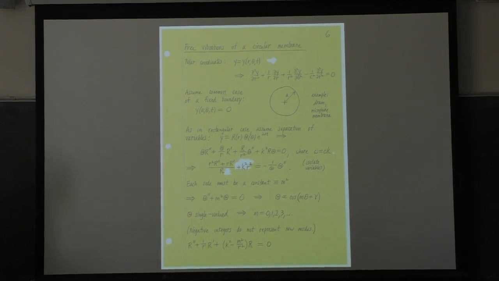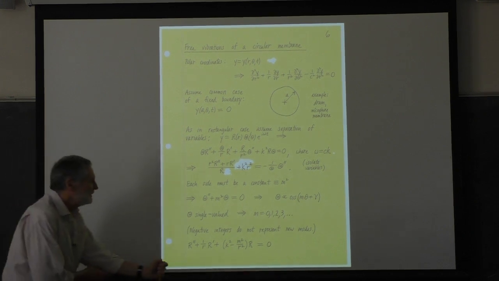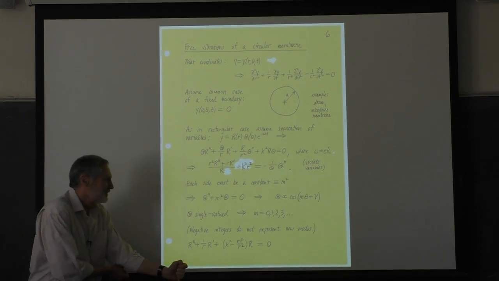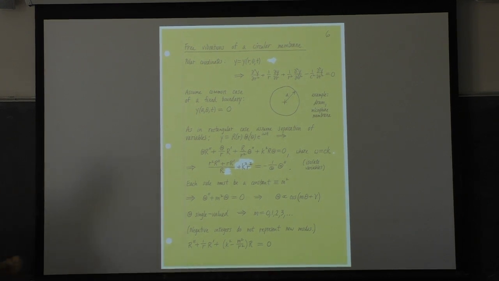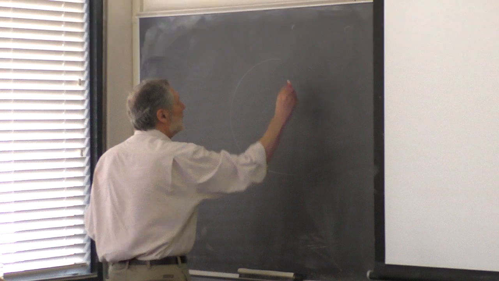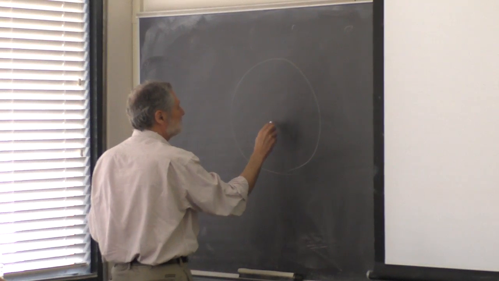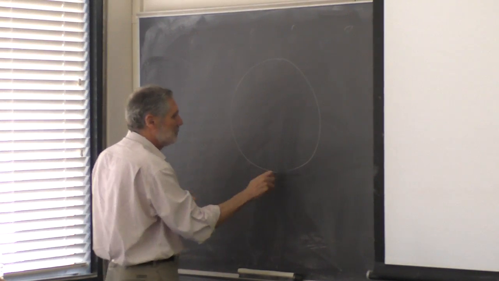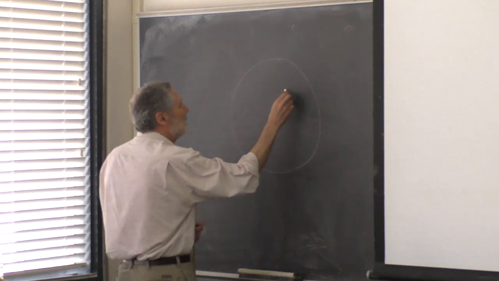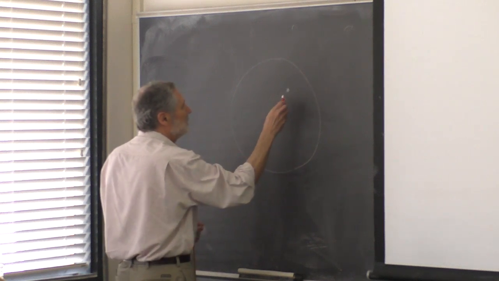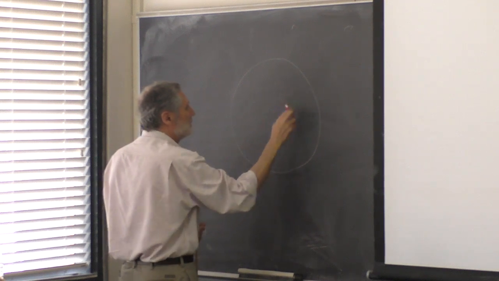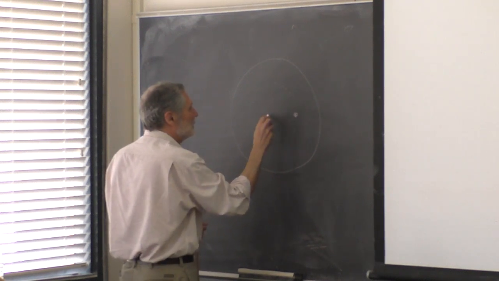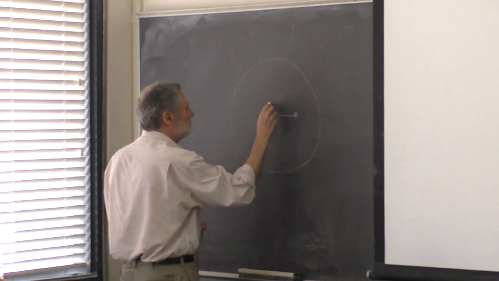Okay, the next step here is this, and usually it's not obvious. If we start, here we are, here's our membrane fixed on the edge. If we start at any point here that has some value of theta, let's start at theta equals 0.